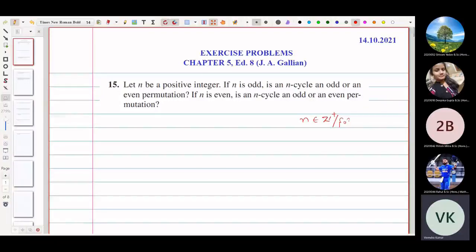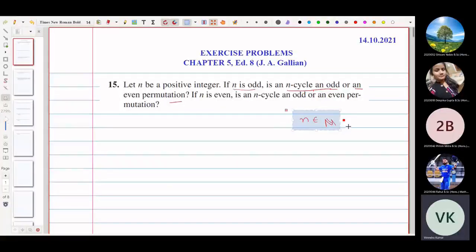Positive means 0 is not there anyway, or else we can say n belongs to the set of natural numbers. If n is odd, is an n-cycle an odd or an even permutation? So basically they are asking whether the permutation is even or odd, and we need to answer that.